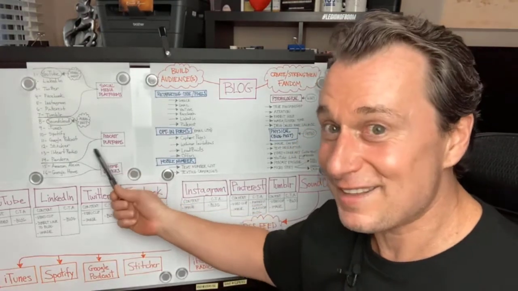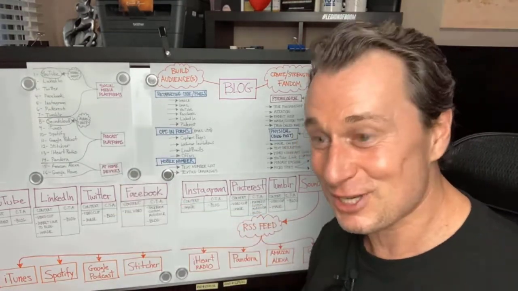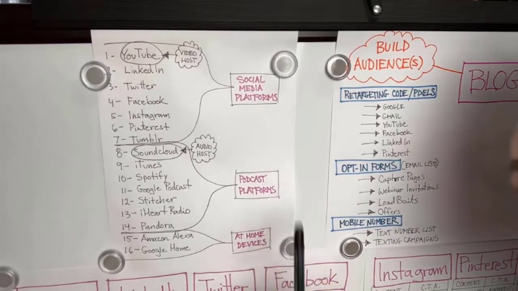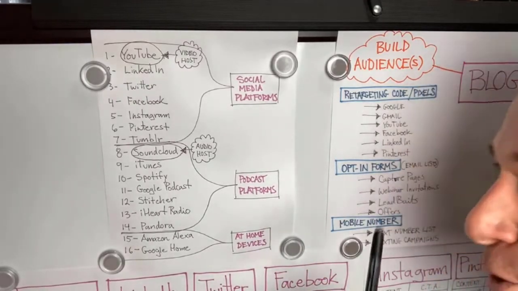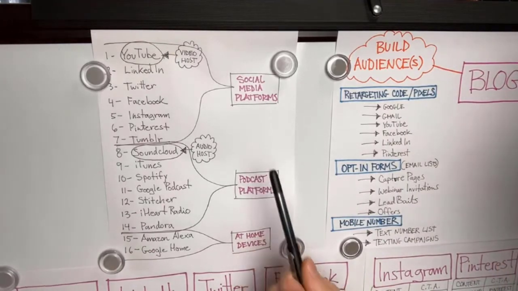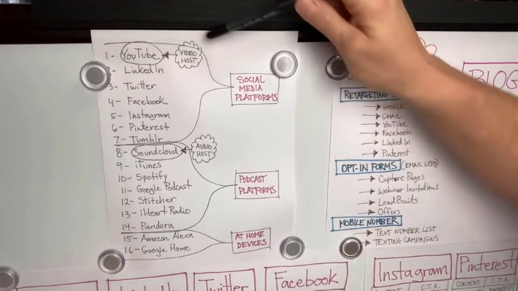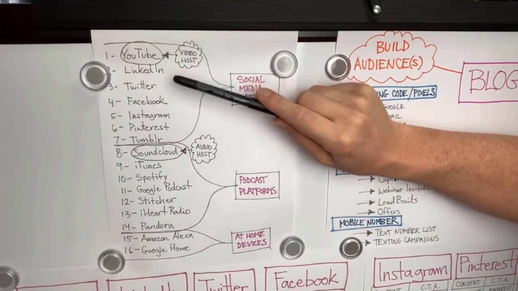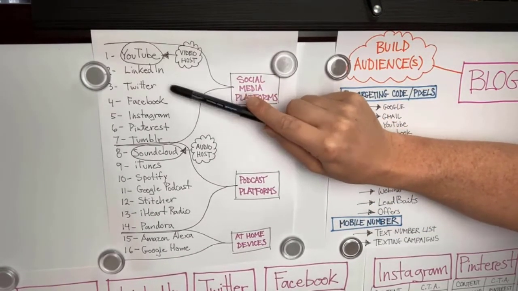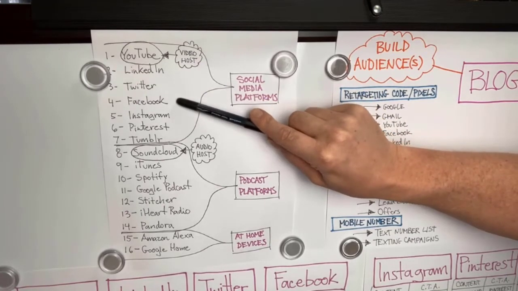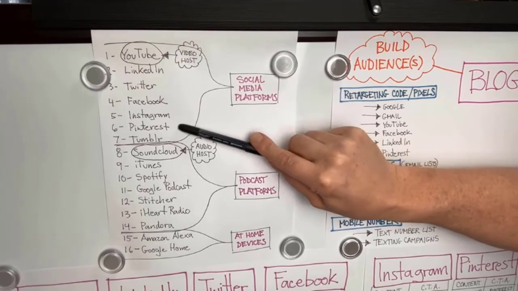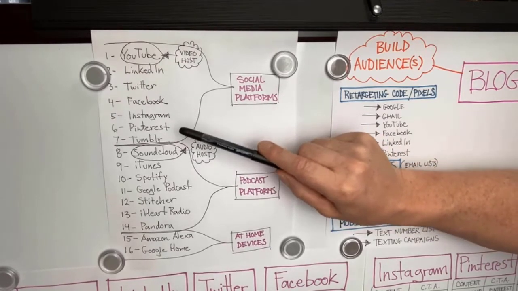Let's zoom in to the first 8x10 sheet of paper. There we go. We are here and I'm here. How's it going, guys? So the platforms that I syndicate to are number 1, YouTube. Number 2, LinkedIn. Number 3, Twitter. Number 4, Facebook. Number 5, Instagram. Number 6, Pinterest. Number 7, Tumblr.